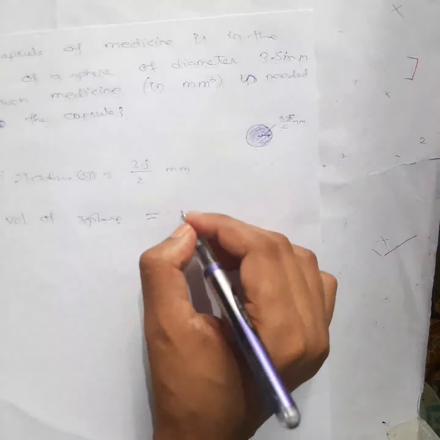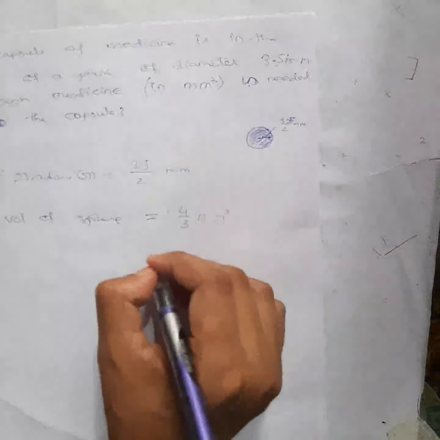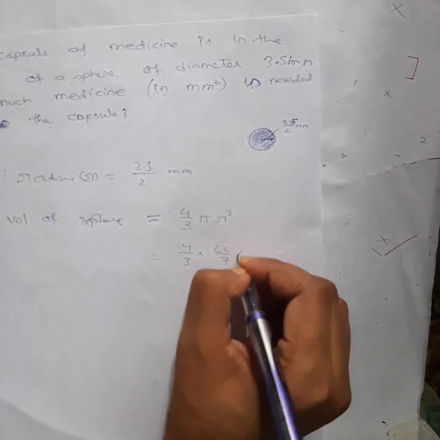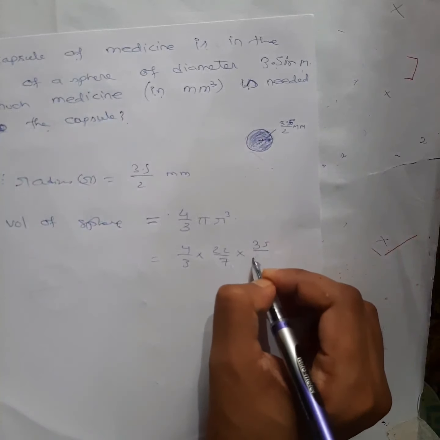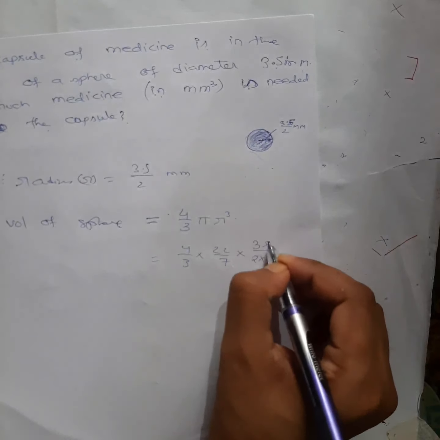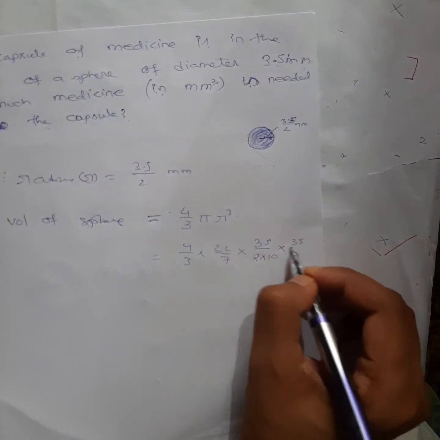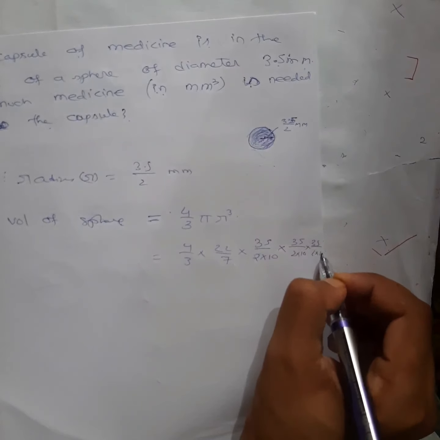So volume of sphere is 4 by 3 pi r cube. So solve this. 4 by 3 into pi r cube. Radius is 35 by 2 into 10, I will write, because I want to remove the decimal. R cube, so write it 3 times, 35 by 2 into 10.